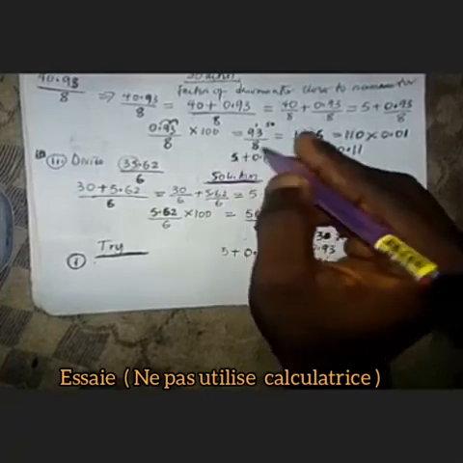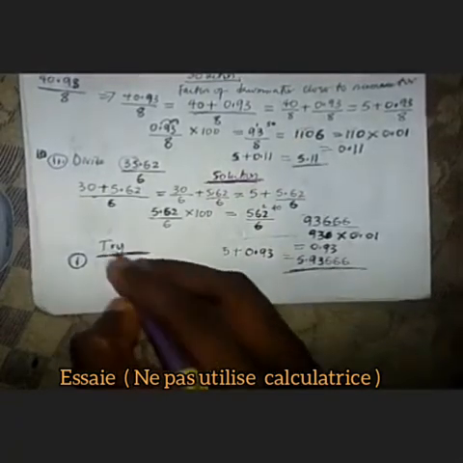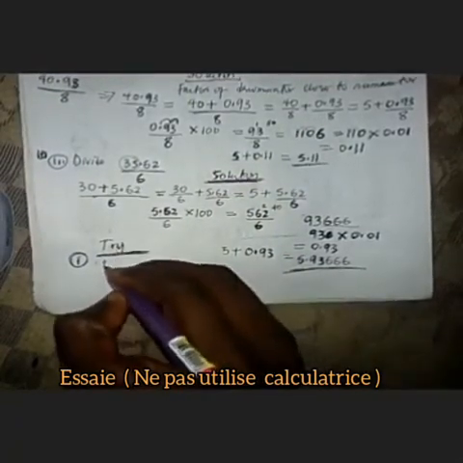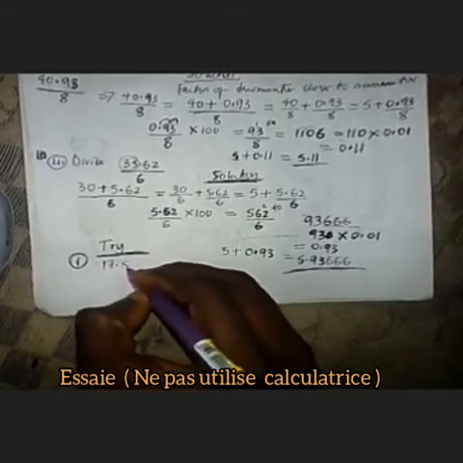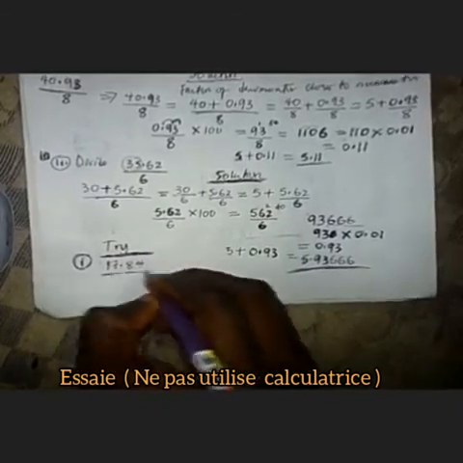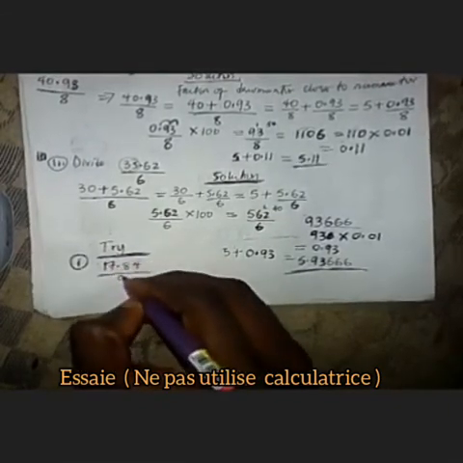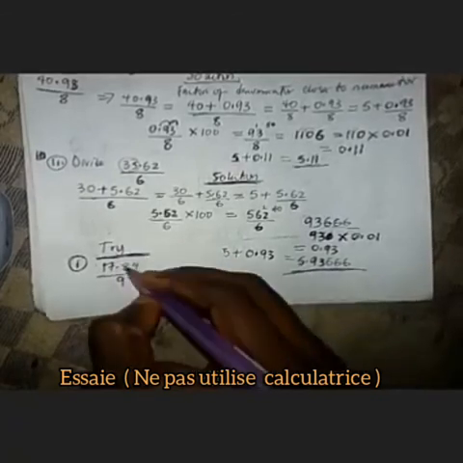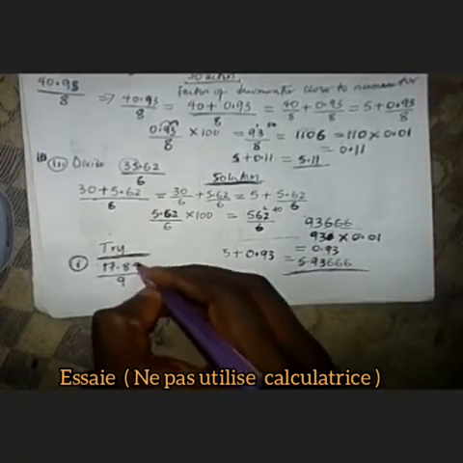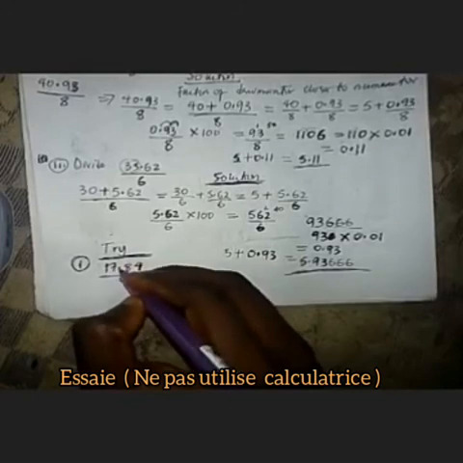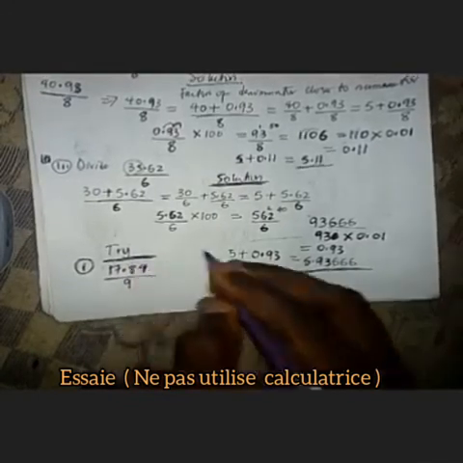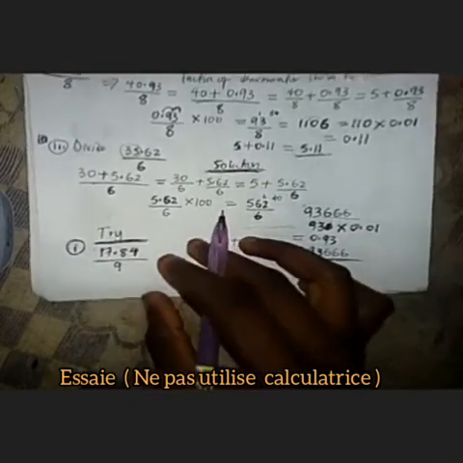So please, the question is 17.84 divided by 9. Please don't use a calculator, use your brain and your hand.